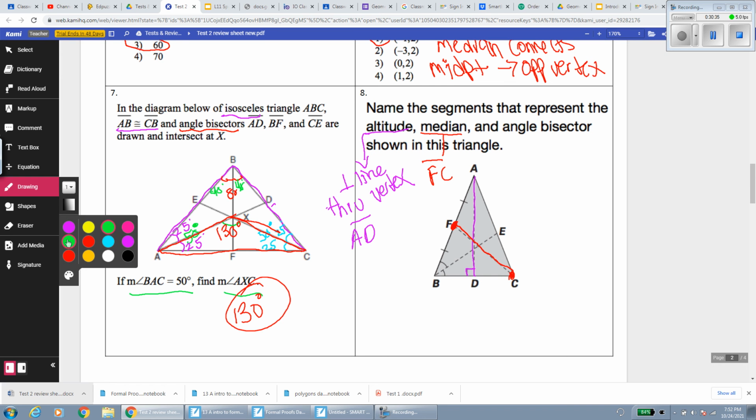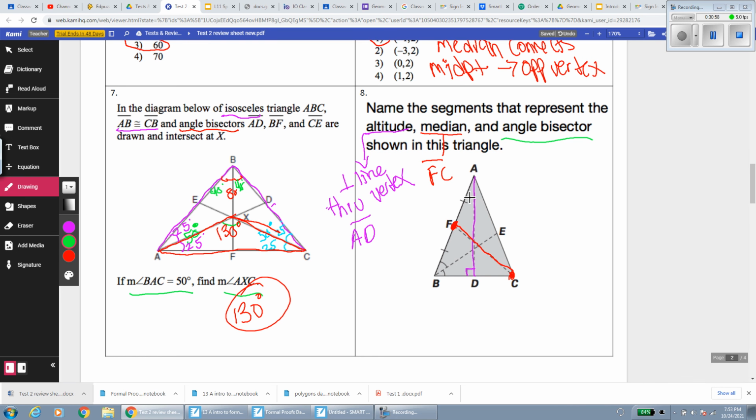Okay. Angle bisector. So we talked about this in the last example a little bit. An angle bisector cuts an angle into two equal parts or two congruent halves. It bisects an angle, splits it equally in half, two equal parts. So I'm going to look for something on the angle, some indication that an angle is being cut equally in half.